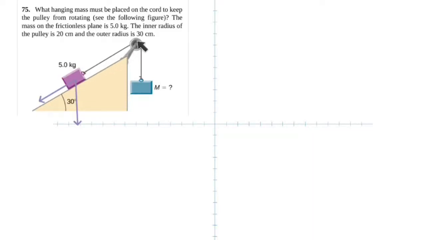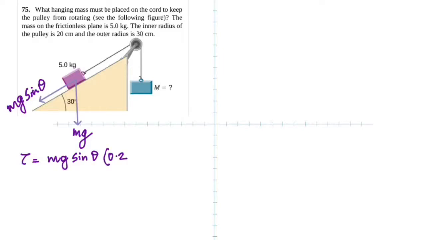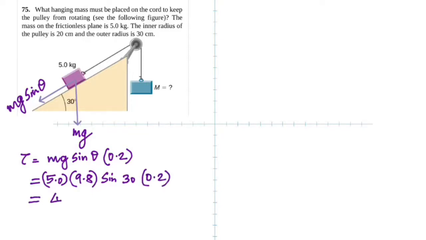That force acting here is going to create a torque, which is mg sine theta times the radius. The torque is going to be mg sine theta times the inner radius, which comes out to be, when you put in those numbers, 4.9 Newton meter.